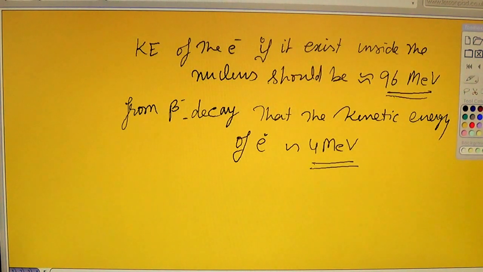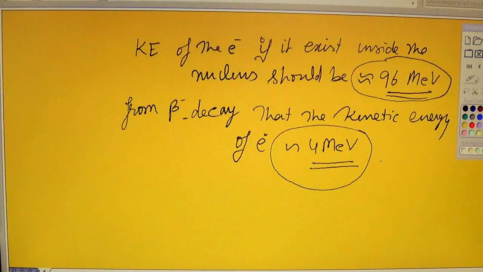So by using these two results one can conclude that if the electron really exists inside the nucleus, it should have 96 mega electron volt. But from beta decay we get the information that the electrons emitted from the nucleus have a maximum kinetic energy of 4 mega electron volts.